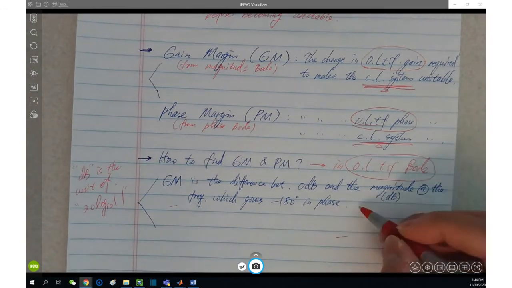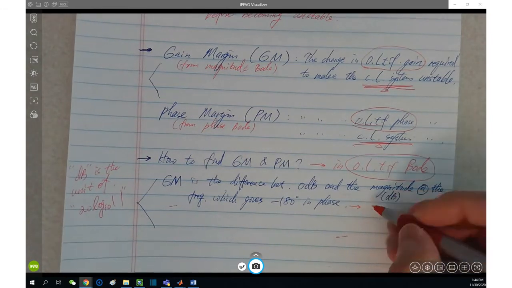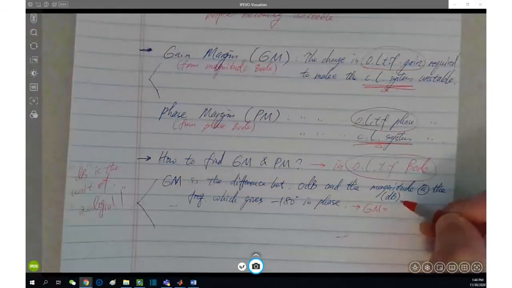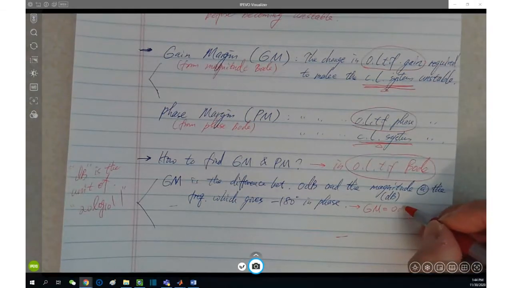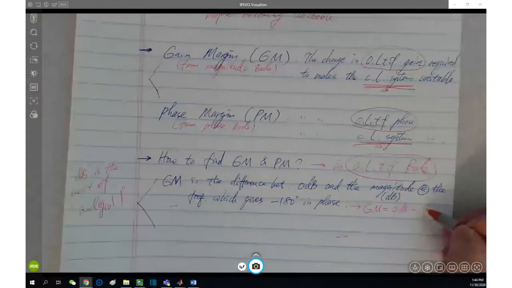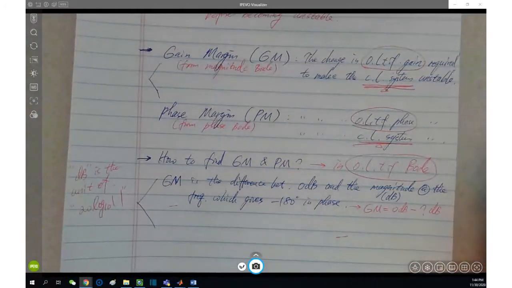And when we do the calculation, it's just GM equals 0 dB minus that dB value you get from here.